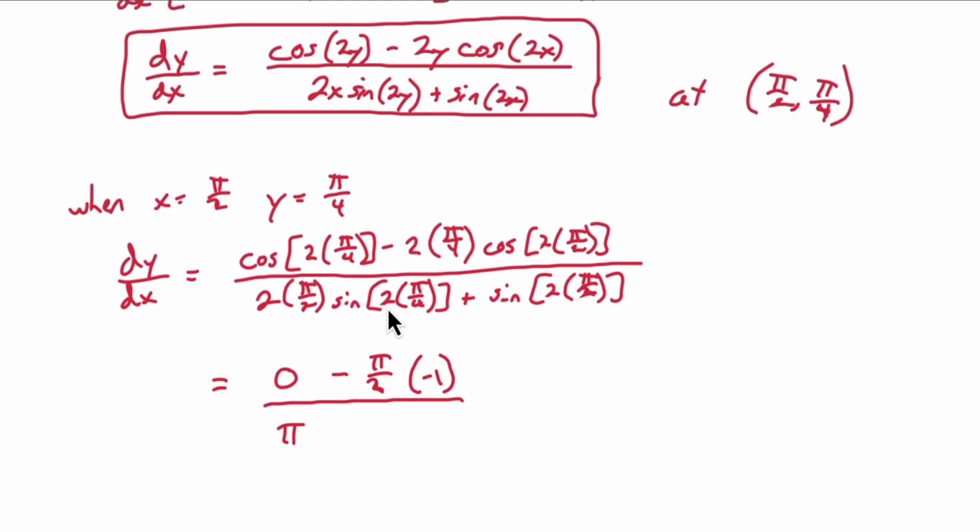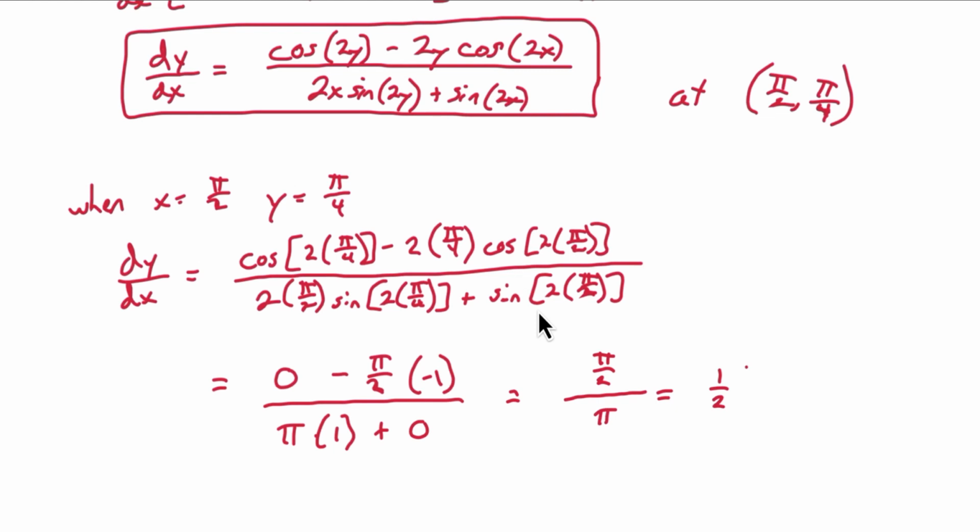The sine of pi halves is 1. And then we have plus the sine of pi. The sine of pi is 0. Simplifying this gives us pi halves over pi, which is 1/2.